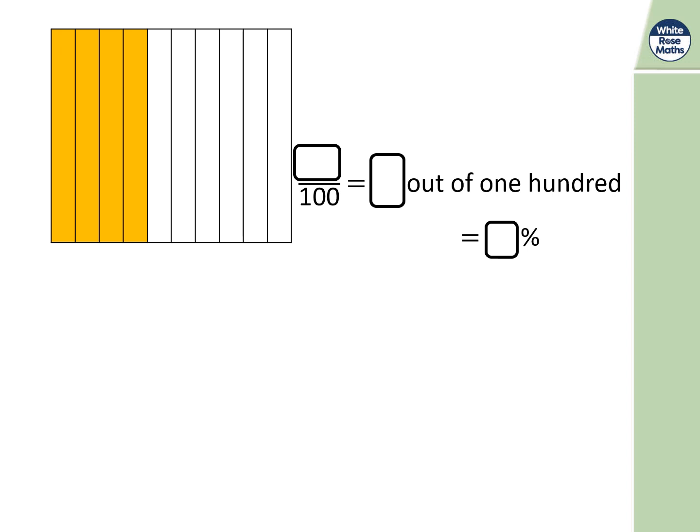This one is split up into tenths, so we've got to be a bit more careful. It's actually 4/10ths, which equals 40/100ths. If you're interested in how I got from there, I did 4/10ths, so I times top and bottom by 10 to get it out of 100.